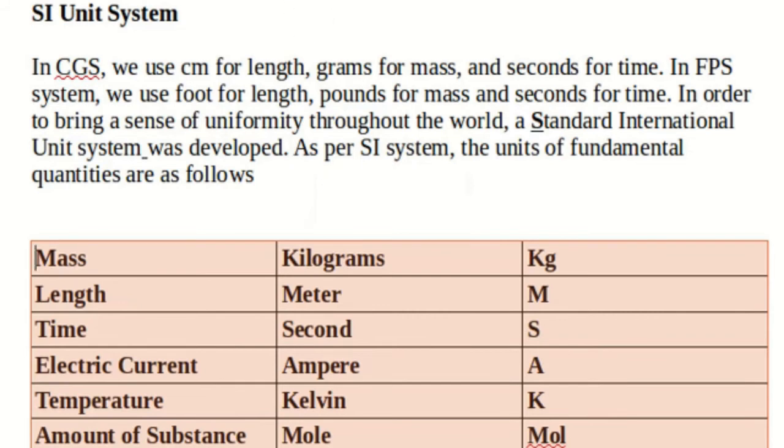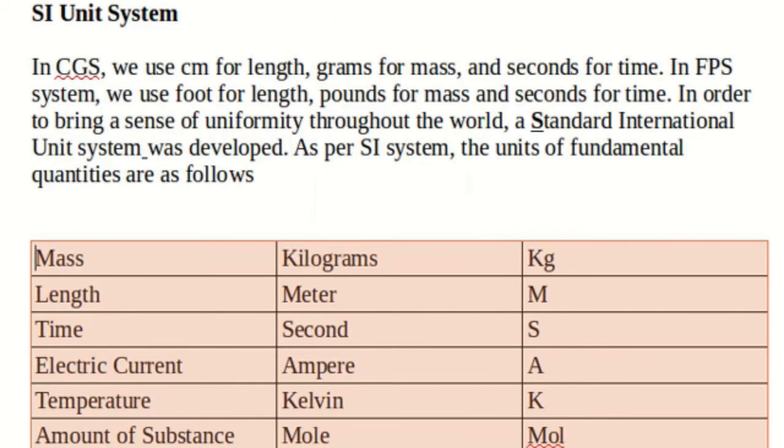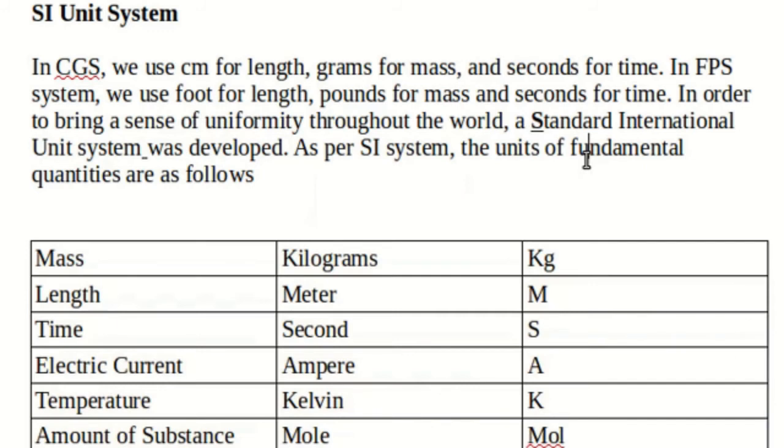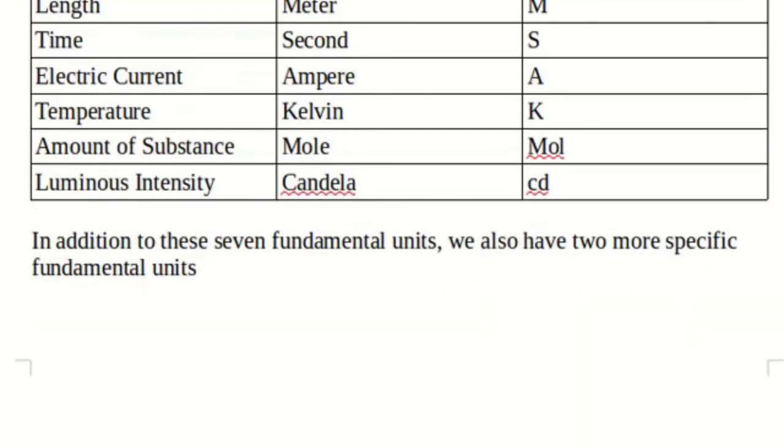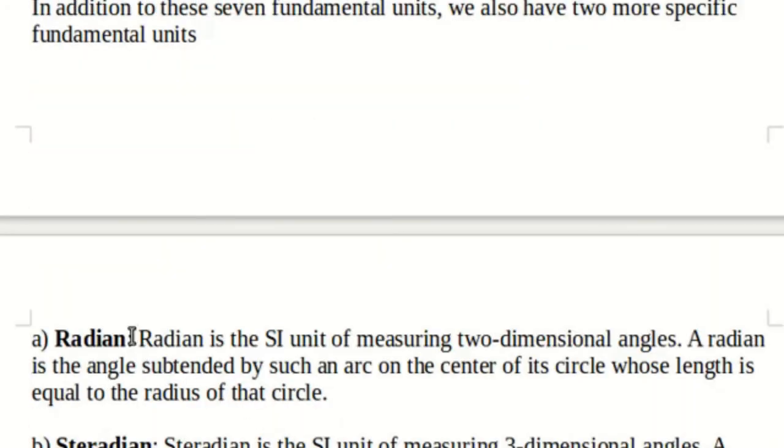In FPS system or the British system, we use foot for length, pounds for mass, and seconds for time. In order to bring a sense of uniformity throughout the world, a standard international unit system was developed. As per SI system, the units of the fundamental quantities are as follows.